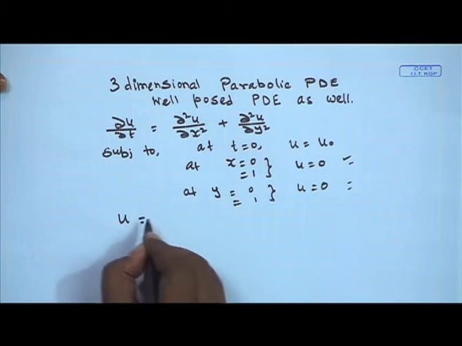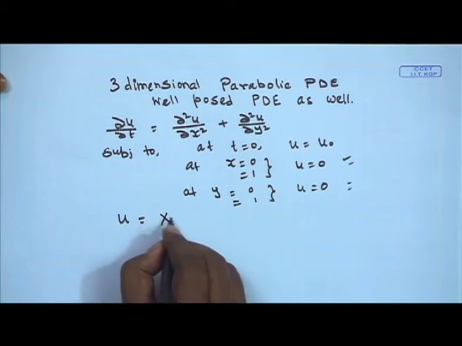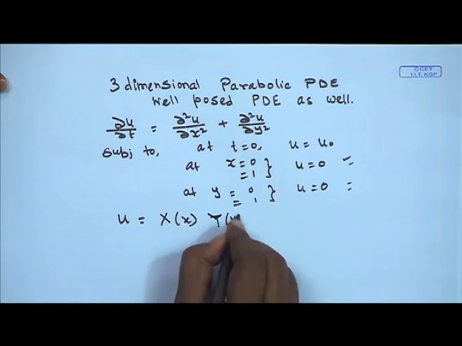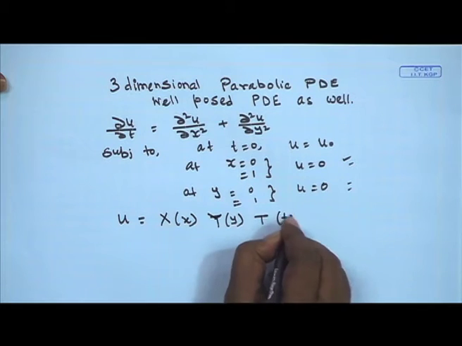Therefore, we assume that the solution will be a product of three functions, and each function will be a sole function of one independent variable. That means u will be a product of a function solely of time, another function solely of x, and another function solely of y. So, u can be represented as X of x, Y of y, and T of t.